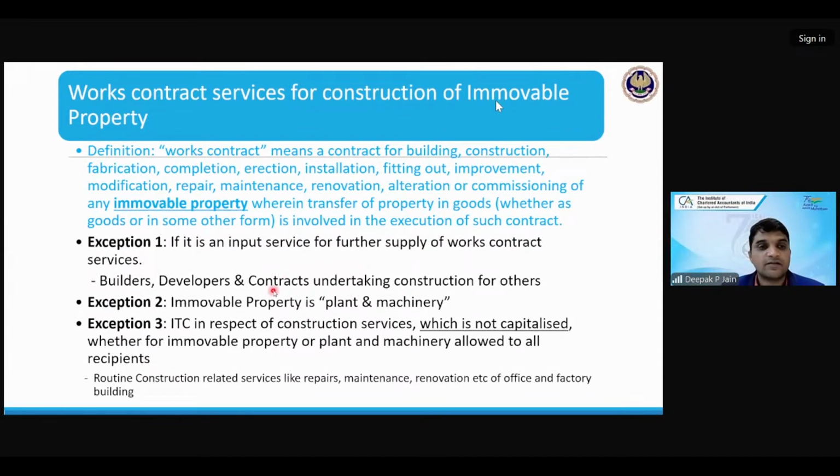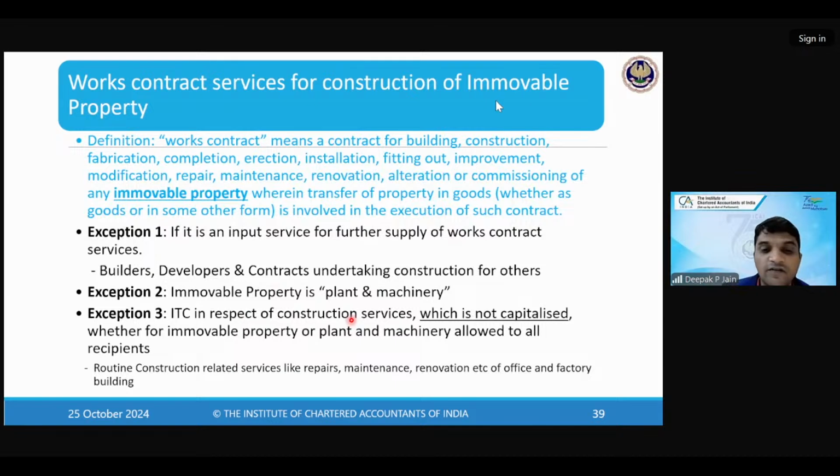And the third exception. What is the third exception? The third exception is ITC in respect of construction services which is not capitalized, whether for immovable property or plant, is allowed. Which means if you are expensing it off, not capitalizing it. If you're constructing a building, will you put it under expense?